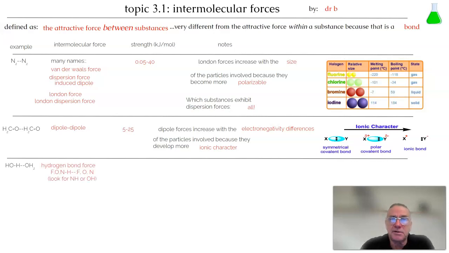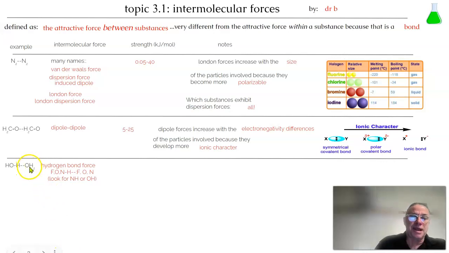Here's an example of a hydrogen bond force. This is generally considered to be the strongest type of intermolecular force, and it's a specific type of dipole-dipole interaction. What it requires is an OH, NH, or H to F bond connected to something with a dipole. See this right here? This kind of describes all of it.